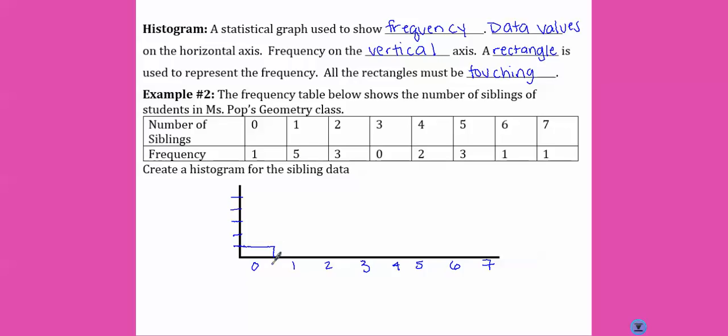5 people had 1 sibling. So this rectangle will go all the way up to 5, over, and then come down about halfway between where we wrote 1 and 2. 3 people had 2 siblings.